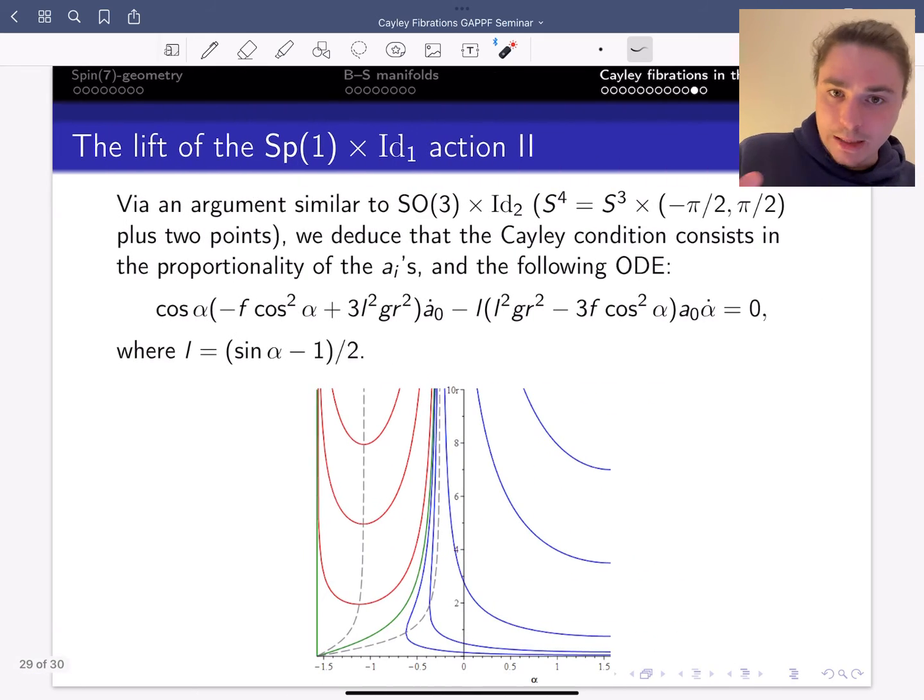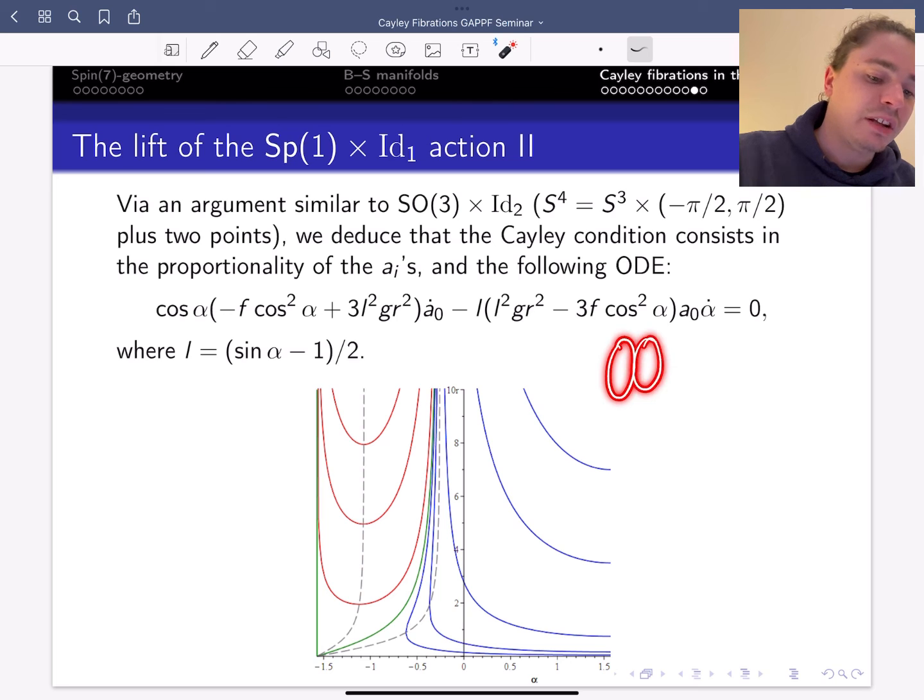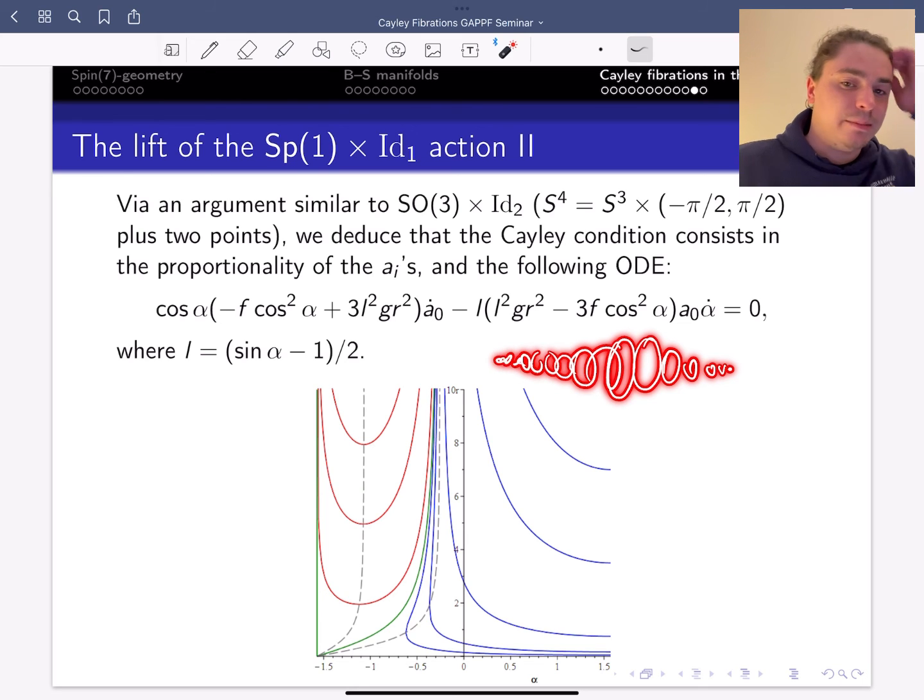So, analogously to the argument for S3 times the identity, we see S4 as a family of S3s. So we have a family of S3s that are shrinking to a point at pi half and shrinking to a point at minus pi half.